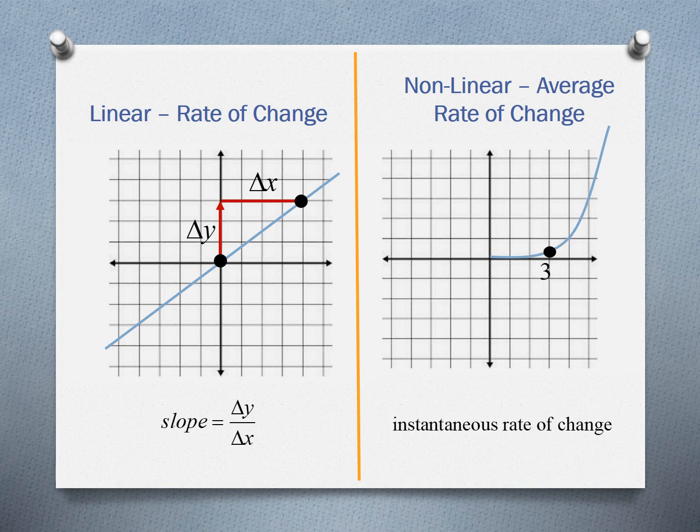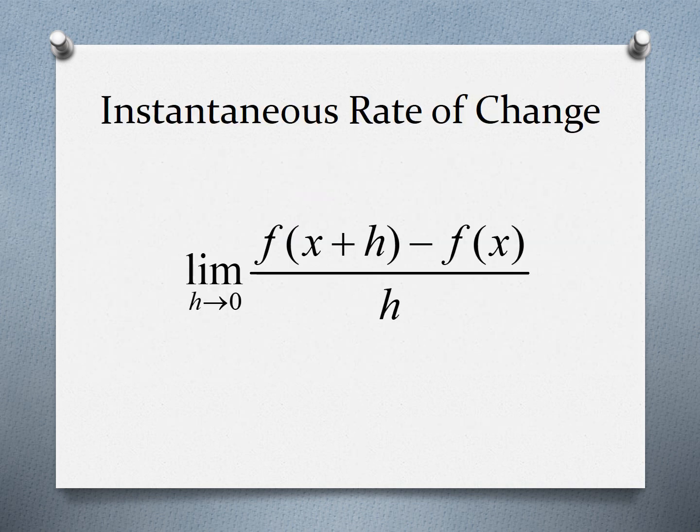However, if I'm dealing with the instantaneous rate of change, instead of an interval from 1 to 4, maybe I'm really just looking at an exact location on that curve, and I want to know what the rate of change is in that instant. So this formula changes a bit from the formula we use for the average rate of change.